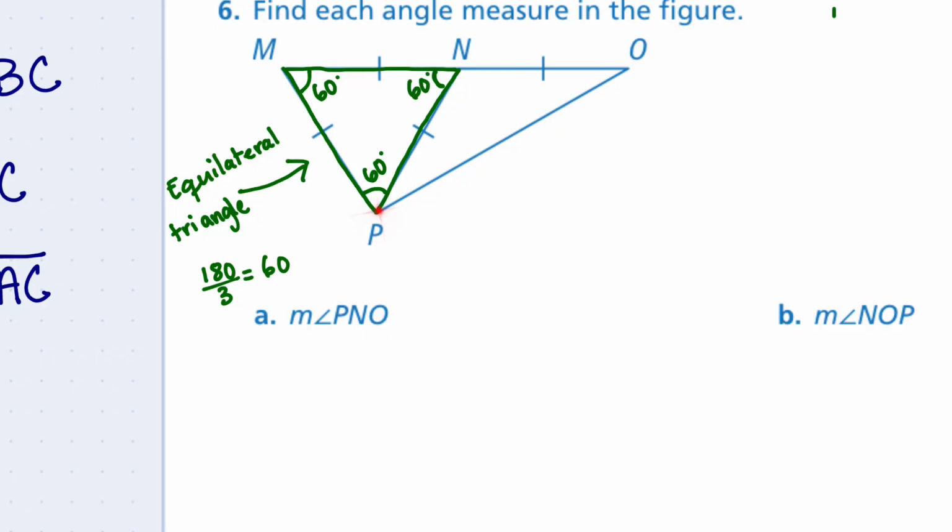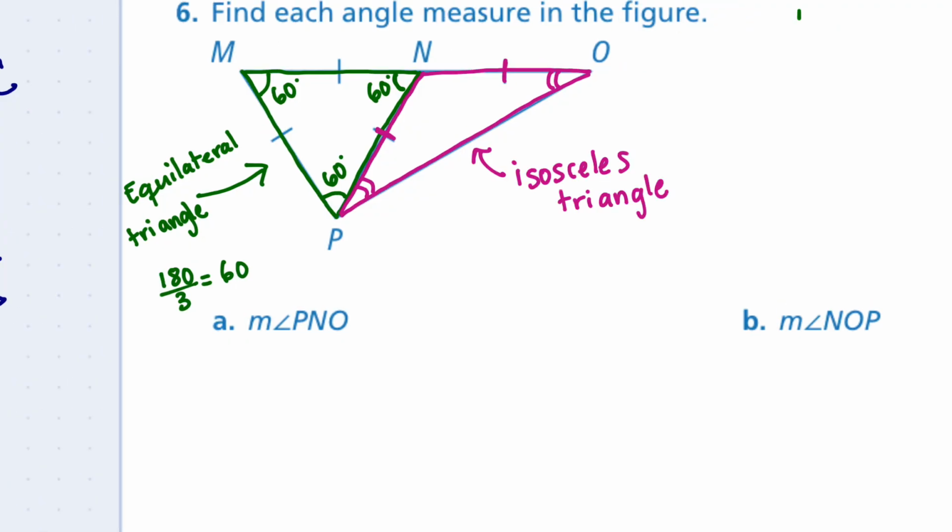When we look at triangle PNO, we see that this triangle is an isosceles triangle. Two of the sides are congruent. So if the sides are congruent, the base angles will also be congruent. First question: find the measurement of angle PNO.